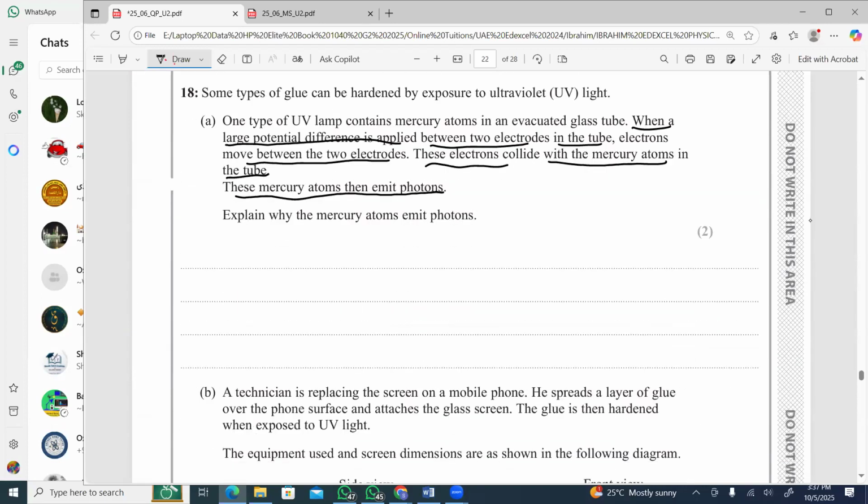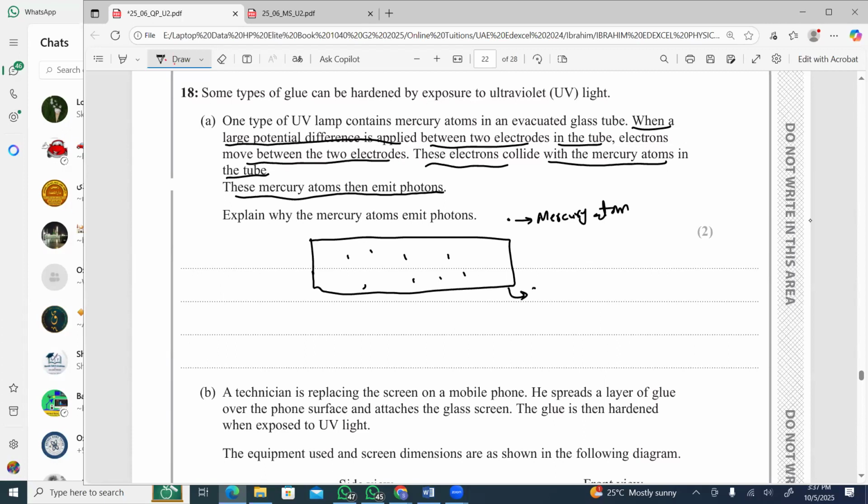So understand the principle of a gas discharge tube. Okay, so these are the mercury atoms, and this is the gas tube, and you applied a very high voltage like 5,000 volts.